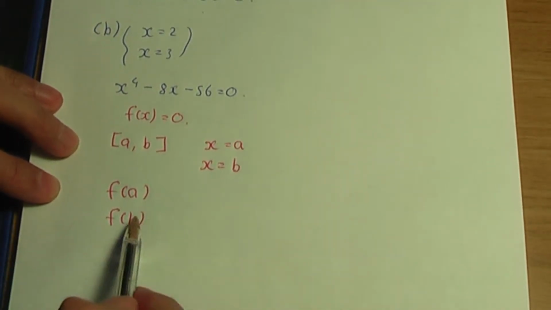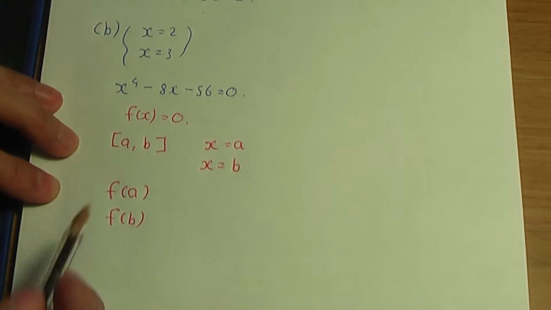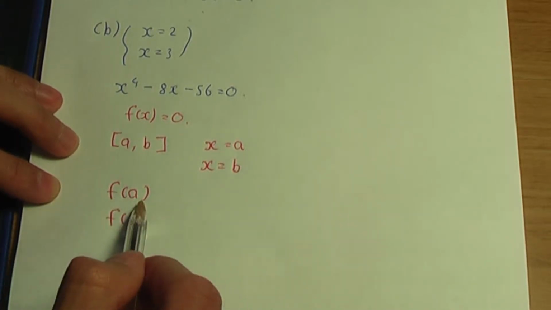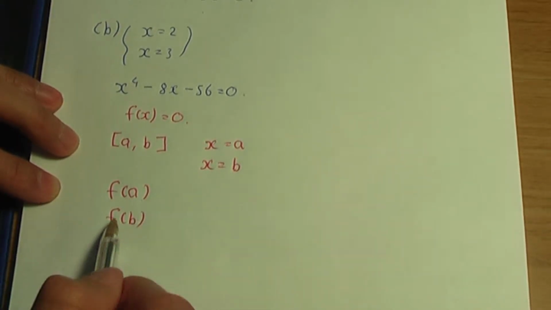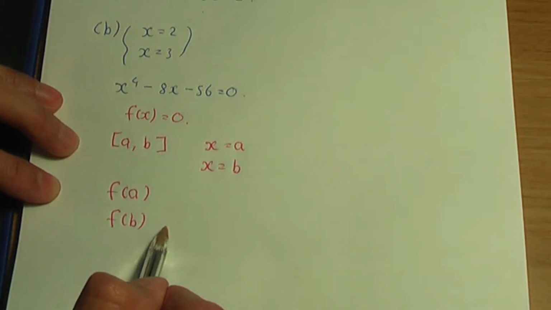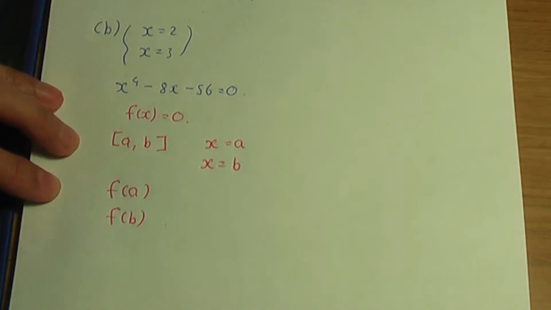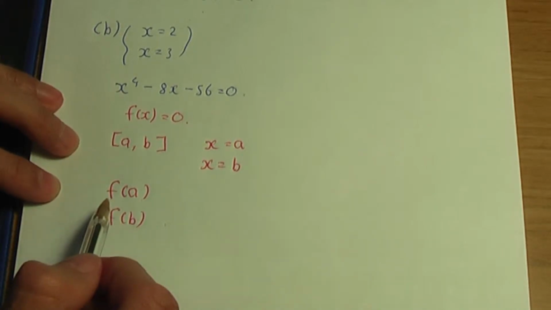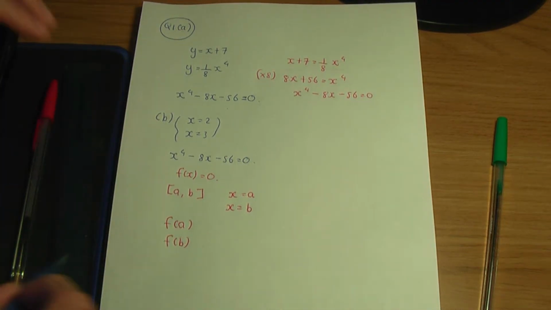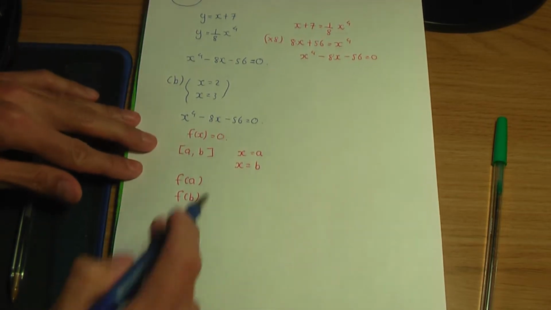If there is a sign change, in particular if f(a) is greater than 0 and f(b) is less than 0, or vice versa, that implies that a root exists within the given interval. Let me show you in relation to this problem.